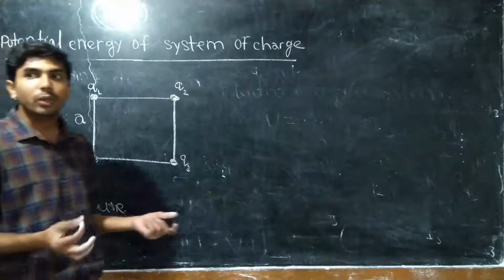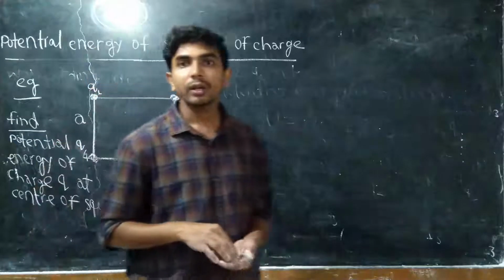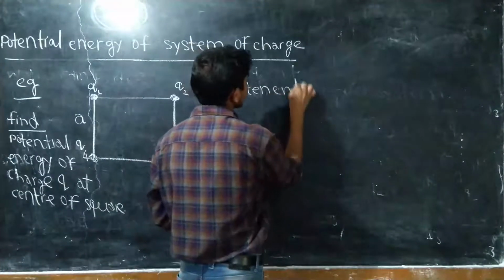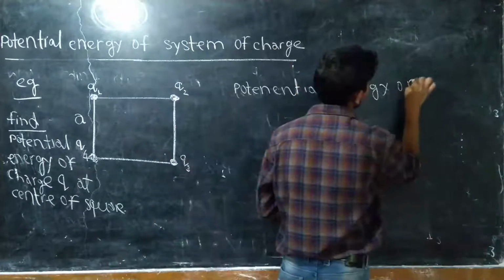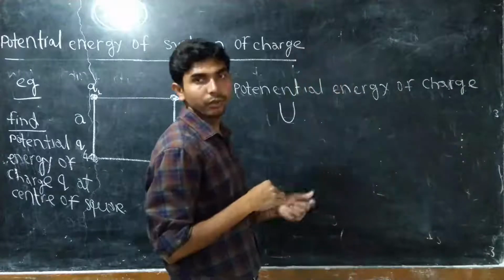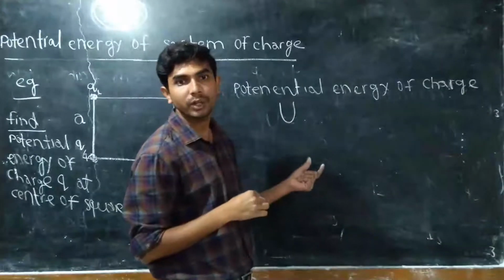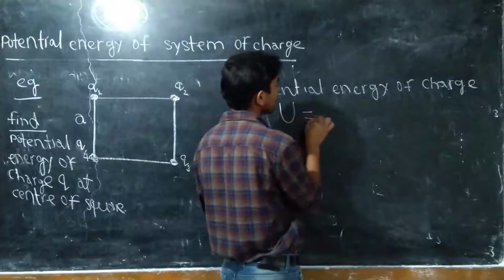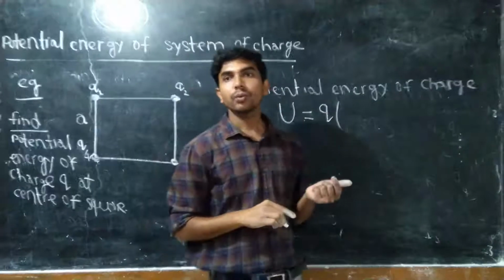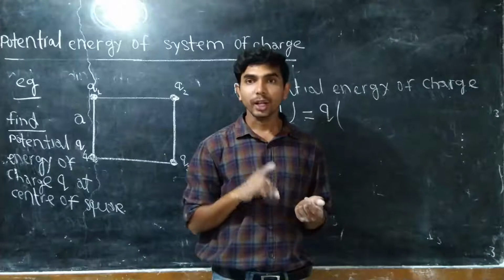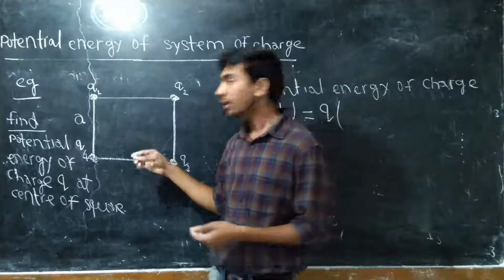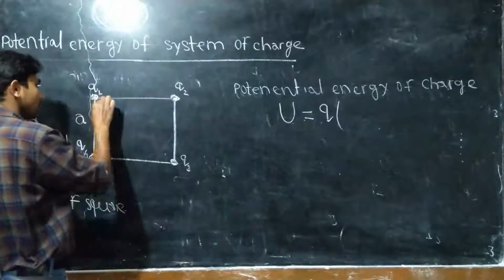Now I'm going to calculate the potential energy of the charge. Suppose U is the potential energy of the charge, and this U will be Q into the potential at that point, right? Potential at that point means potential at the center.